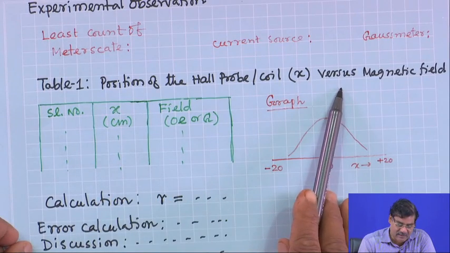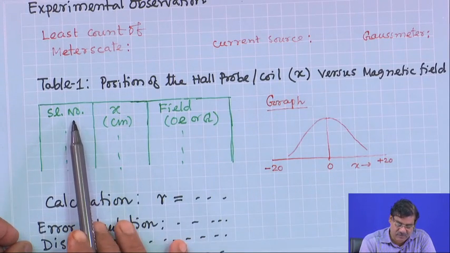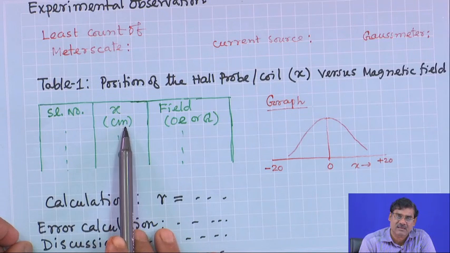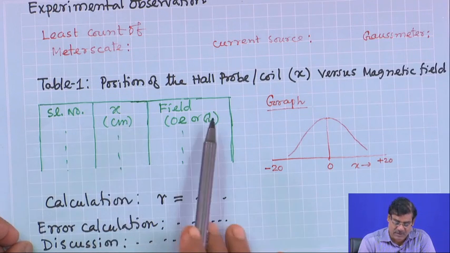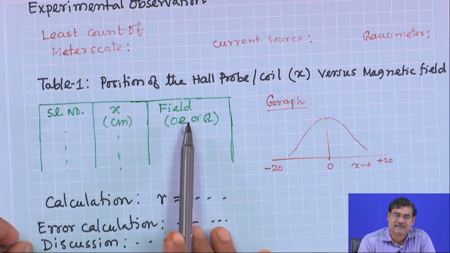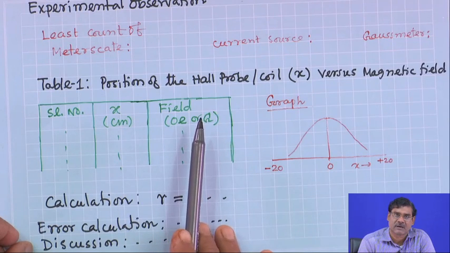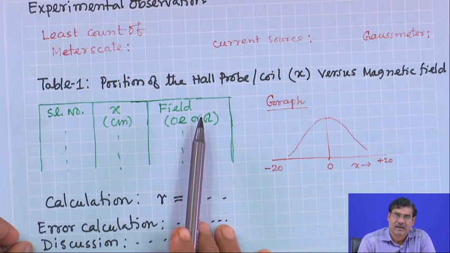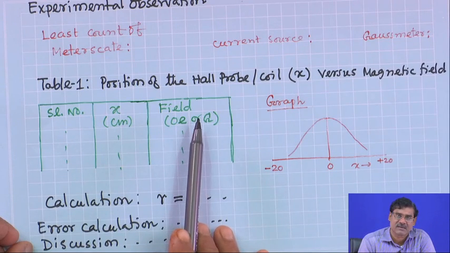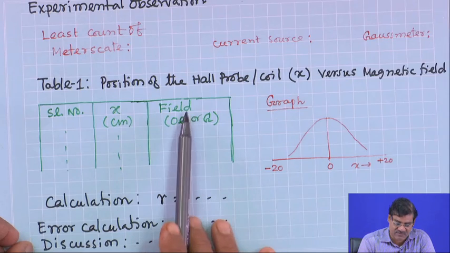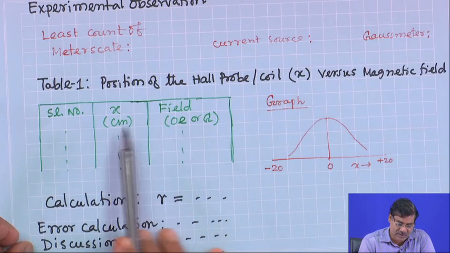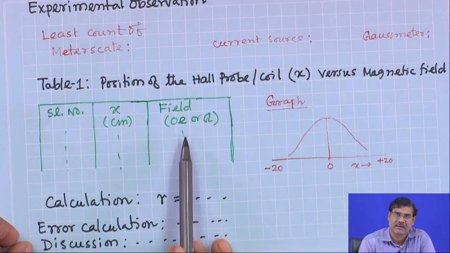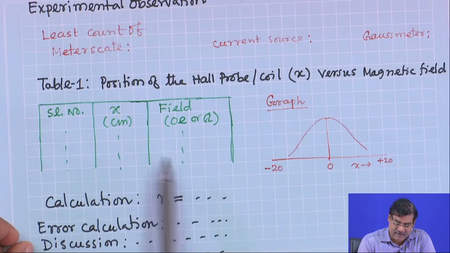You put the Hall probe at each distance. The Hall probe is connected to the Gauss meter, so the Gauss meter will give the reading of the magnetic field.